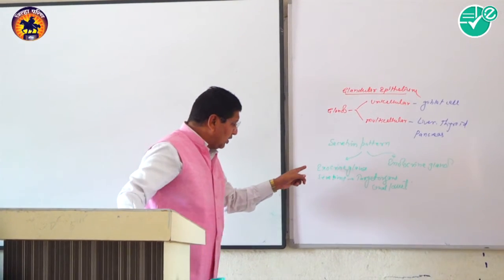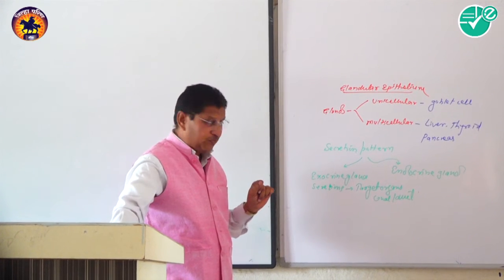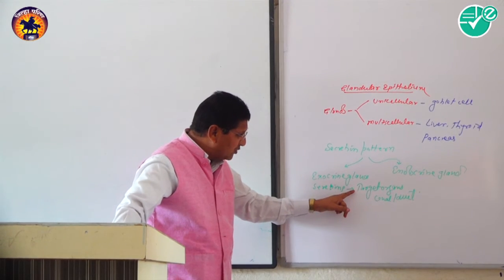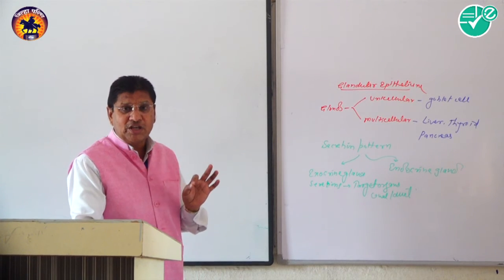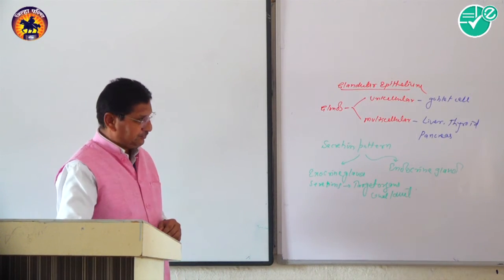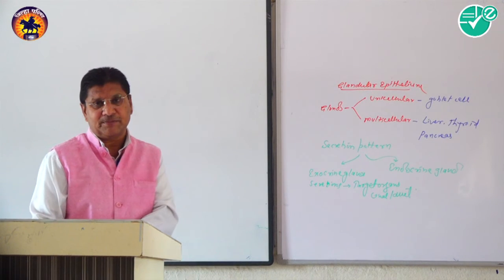Now, when the exocrine gland secretes its secretions, these secretions transfer to the target organ with the help of a canal, without being released into the blood flow. This is a very important characteristic feature of the exocrine gland.